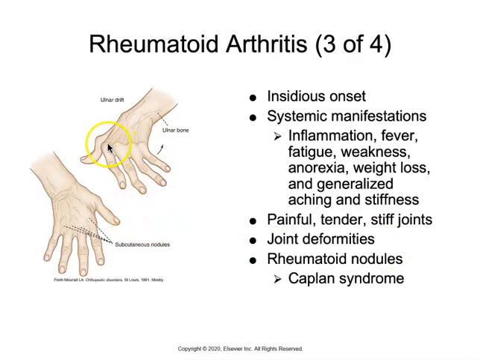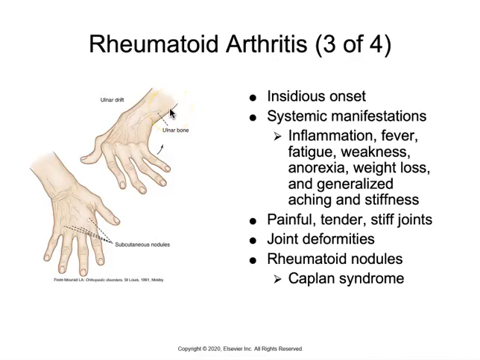So that, to refresh your memory, is where the metacarpal bone meets our proximal phalanx. And the joint deformities that we'll see are things like ulnar drift, where you can see that we are more in an adducted position there, moving the hand closer to the ulnar bone.